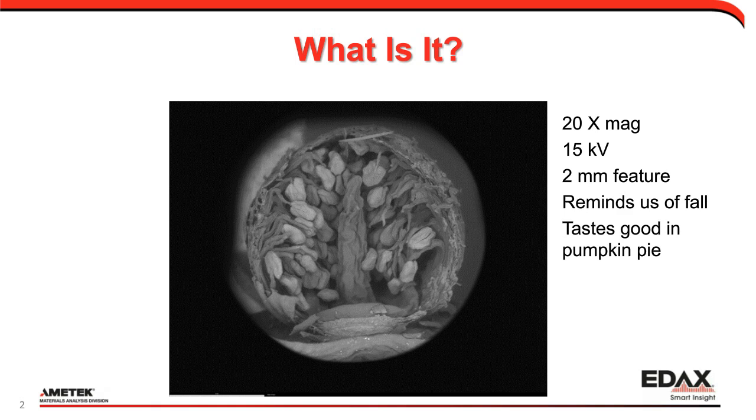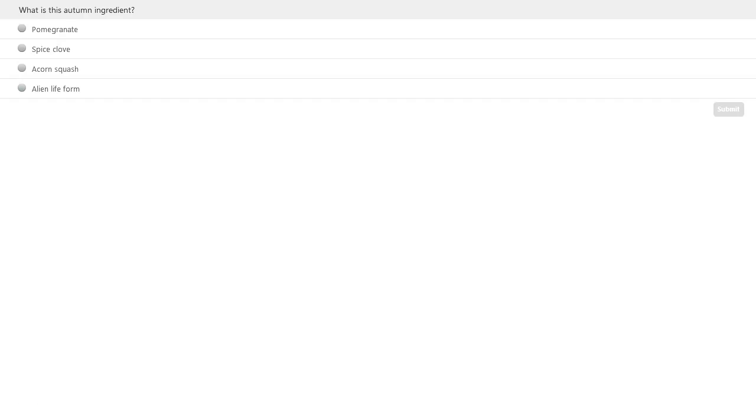It is something that reminds us of this time of year, the autumn, at least here in the U.S. It's celebrated with some fall foods, for example, pumpkin pie. So it's something that you would encounter during the course of your preparations for the upcoming season. A few of the options are here.